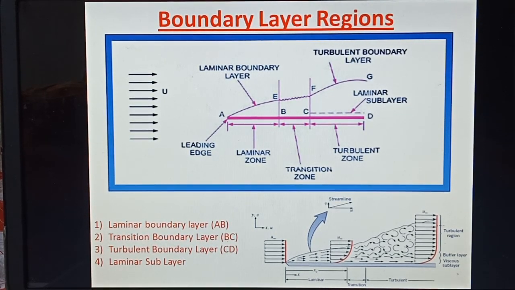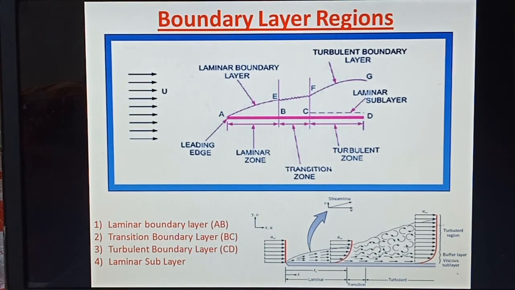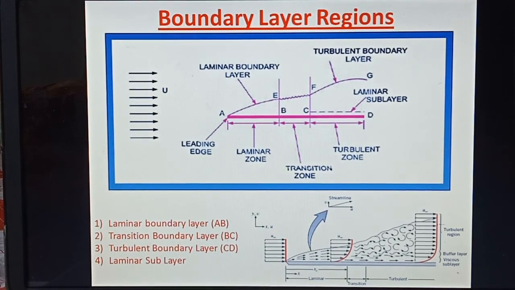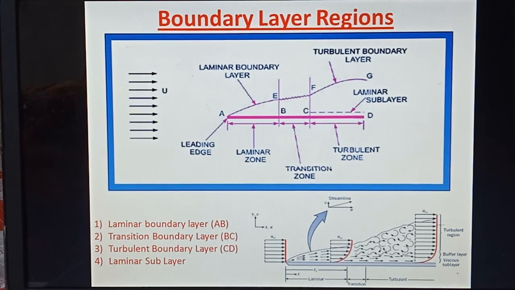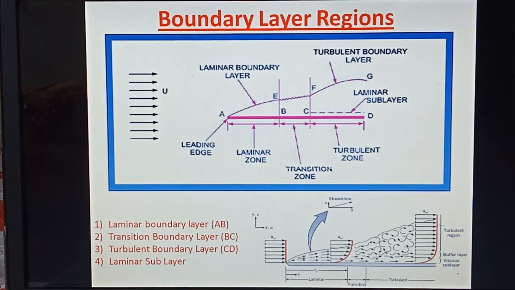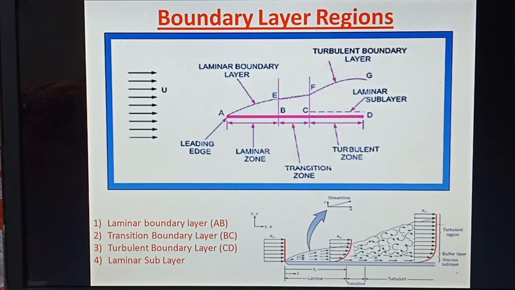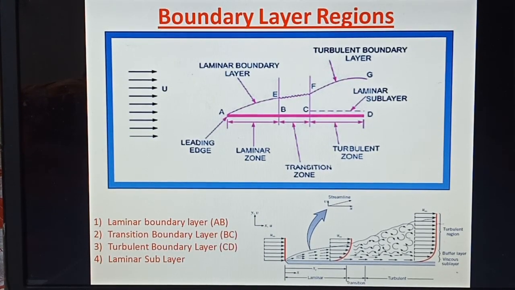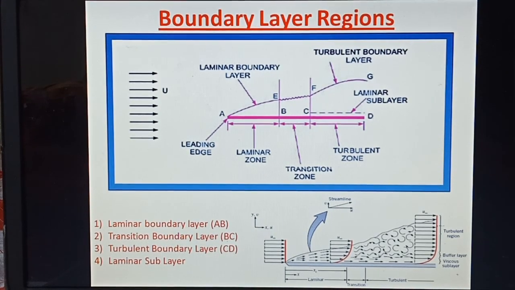Now when the flow strikes the plate at its leading edge point A, the velocity of fluid at the plate surface is 0 because our plate is stationary, and as we move in the vertical direction, again there will be a velocity variation.